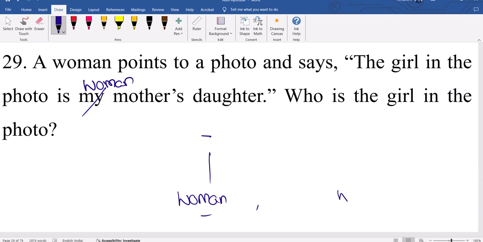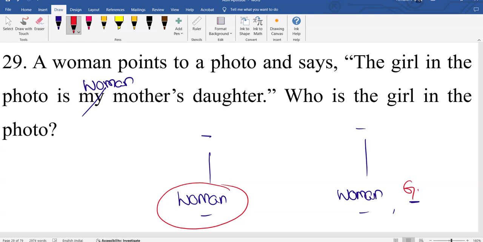Maybe herself or sister. A woman may have a sister also. Right, so two chances. Now, that girl means the same person or maybe sister. Probably they'll take sister as the answer. Pointing to a photo of herself is also a chance. Two chances are there. Here again there is a bug.